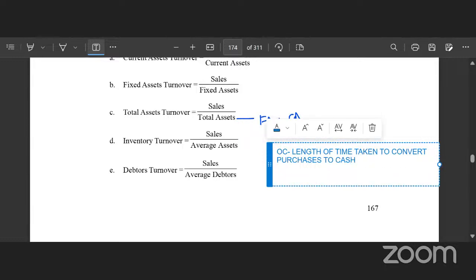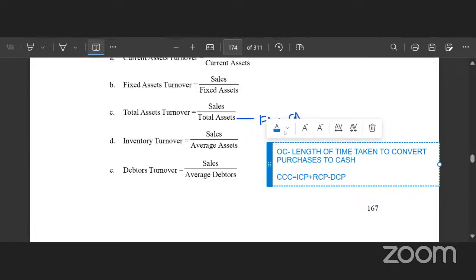The net operating cycle is called the cash conversion cycle, which is inventory conversion period plus receivables conversion period minus payables conversion period.